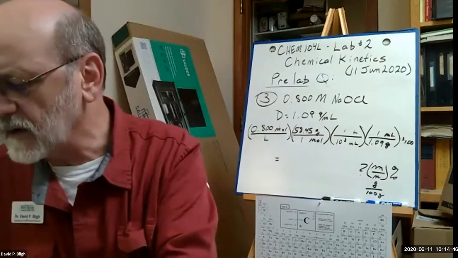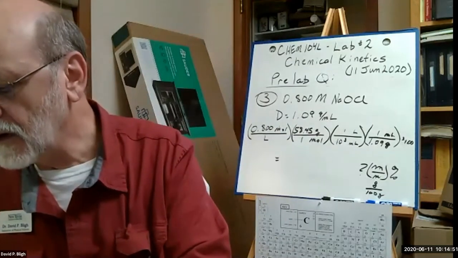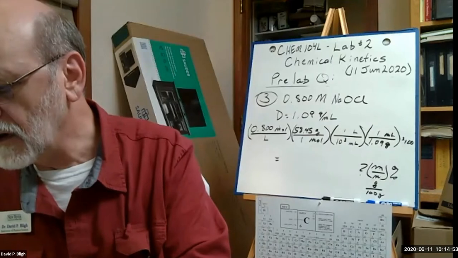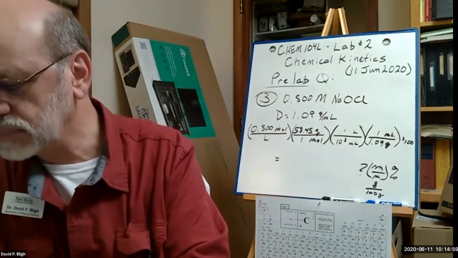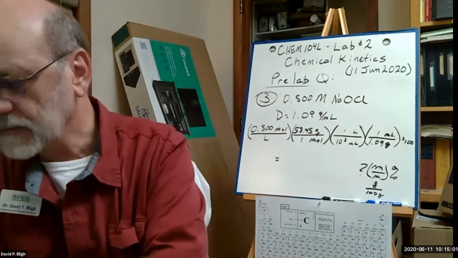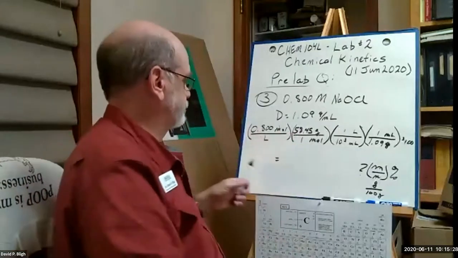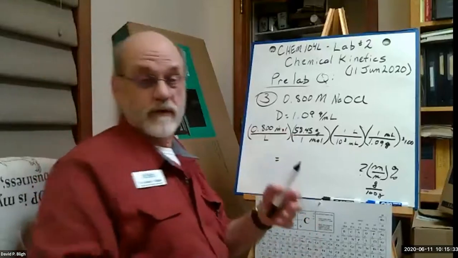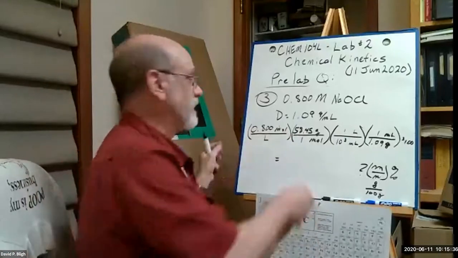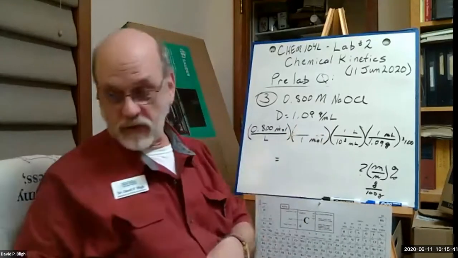What did I do wrong? I made a mistake. 58.45 is what? 58.45 is sodium chloride, not sodium hypochlorite. There we go. You use the right molar mass.